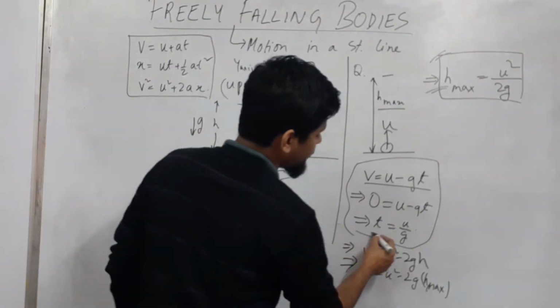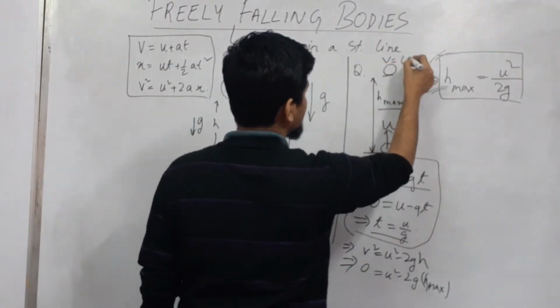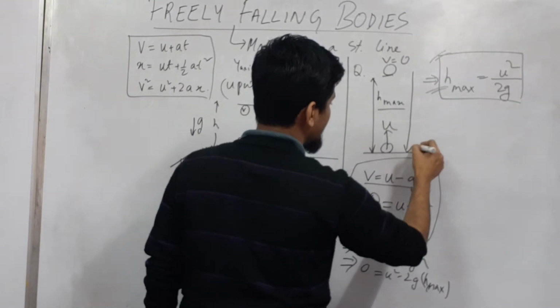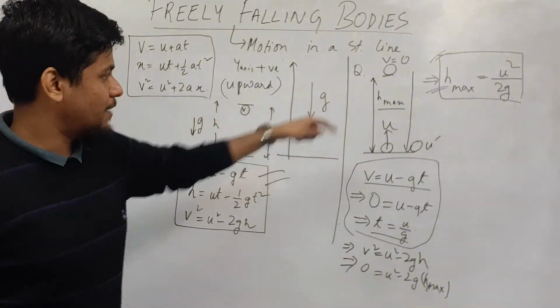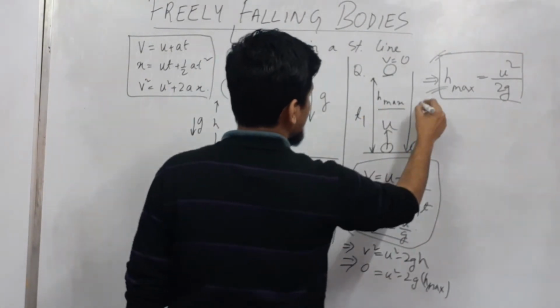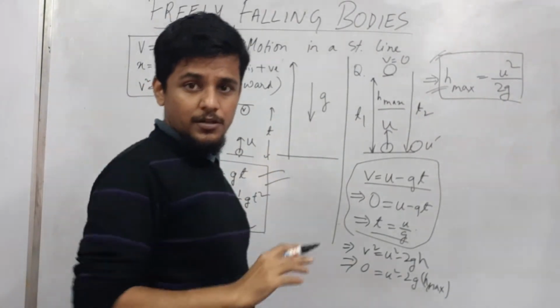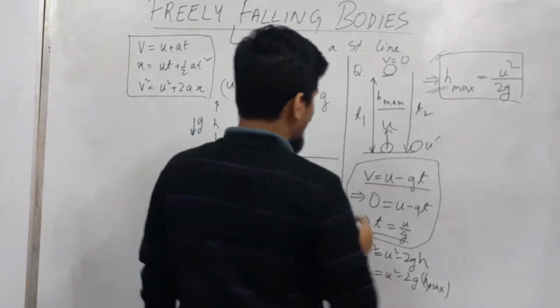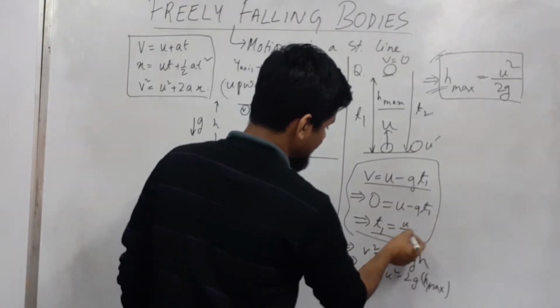It has reached the top point where v is equal to 0. Now it will fall down and reach the earth with some velocity, suppose u dash. The time taken going up is t1, and the time coming down is t2. We have already found out t1.